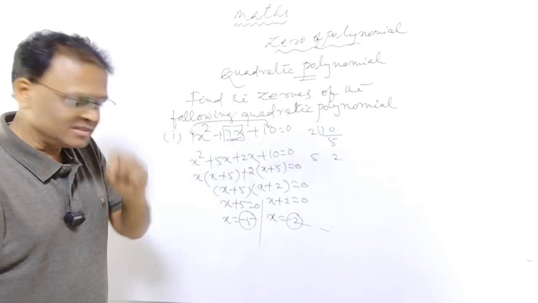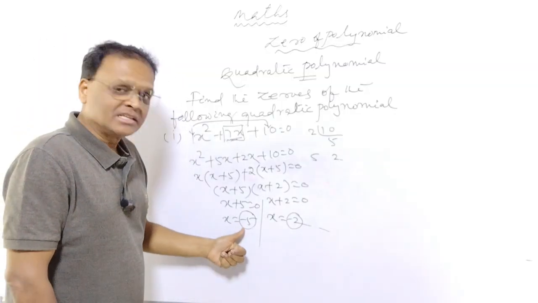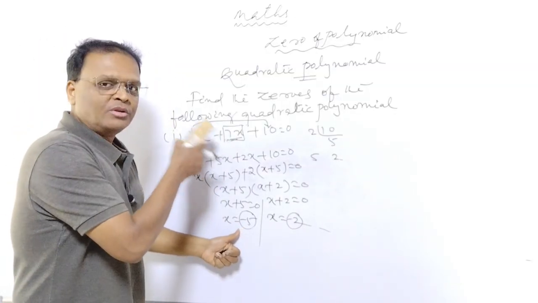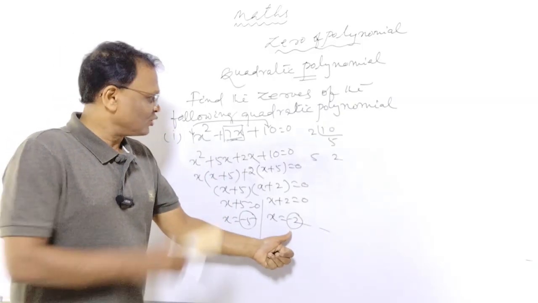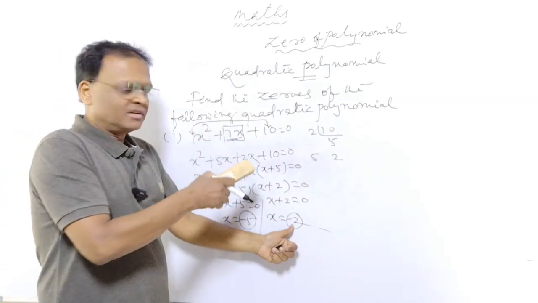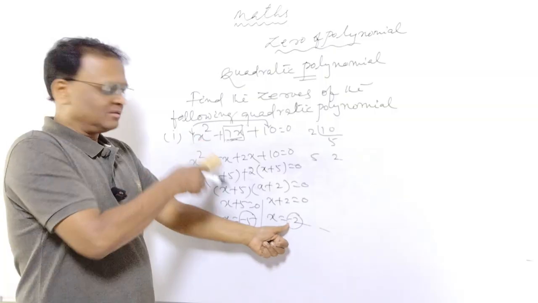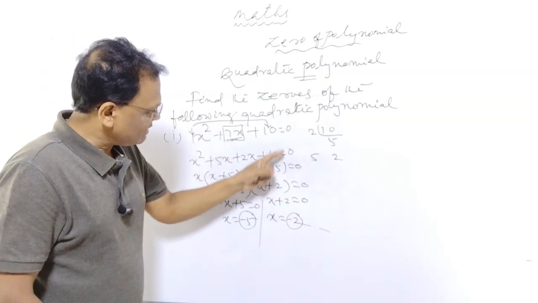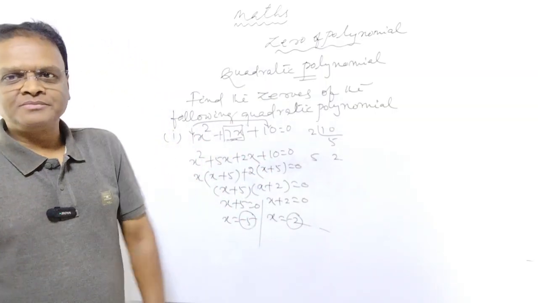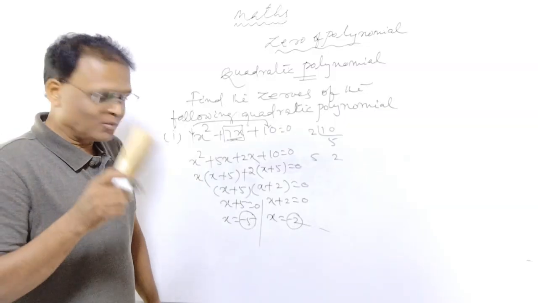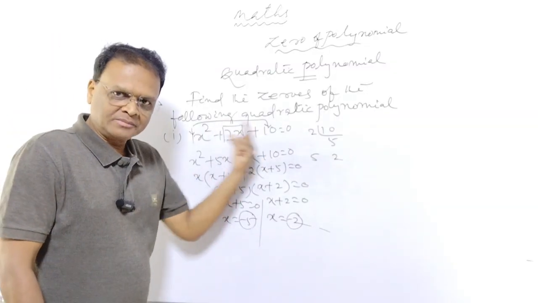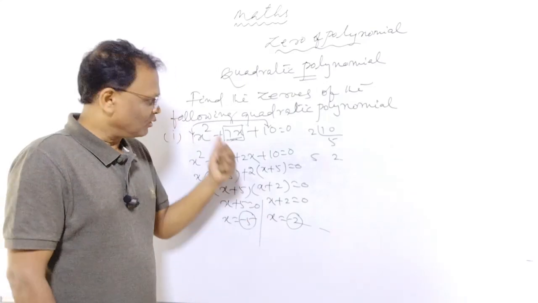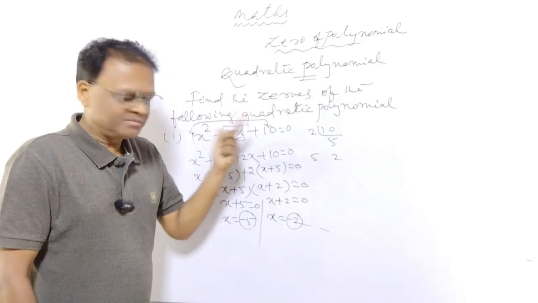And this is the reason why I am saying minus 5 is a zero of this polynomial. Again, if you check, if you write minus 2 instead of x, this entire polynomial you will get 0. This is the reason why I can say minus 2 is also a zero of this polynomial.